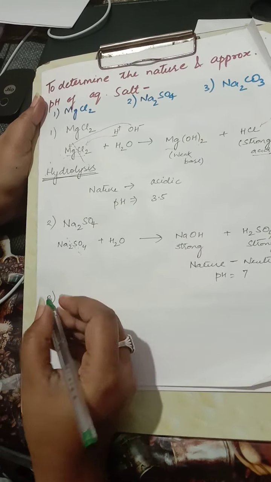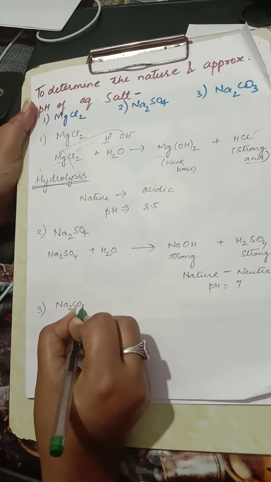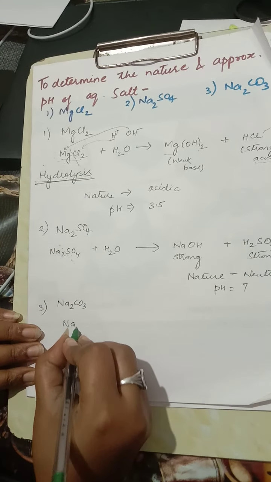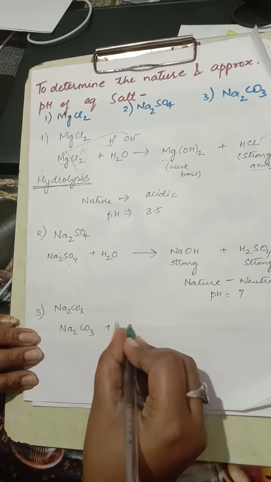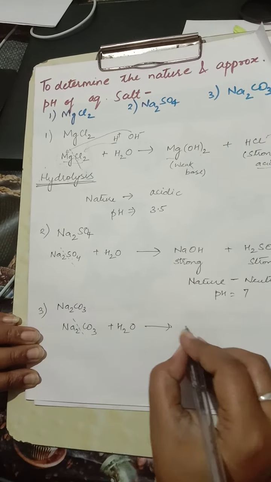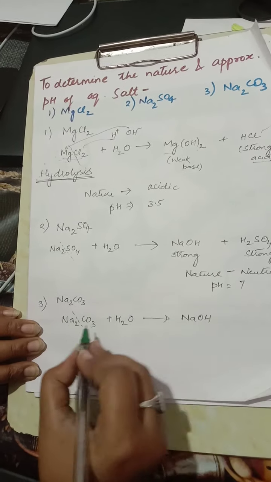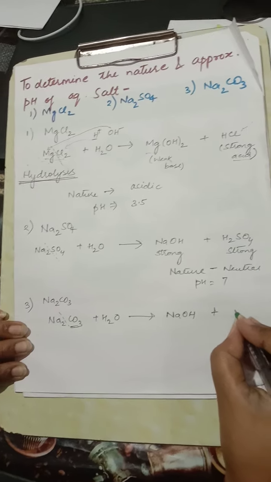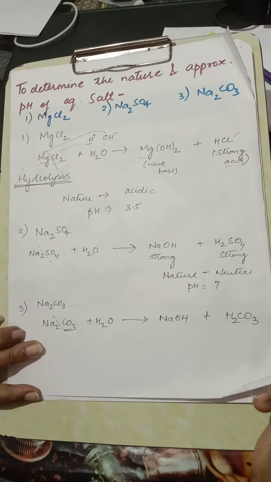Third, sodium carbonate. Again, sodium carbonate will undergo hydrolysis, and on hydrolysis, what will happen? Sodium will take up OH ion and form NaOH, and this carbonate will take up hydrogen ion and form carbonic acid.